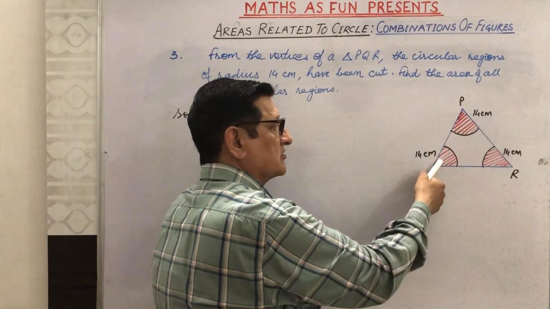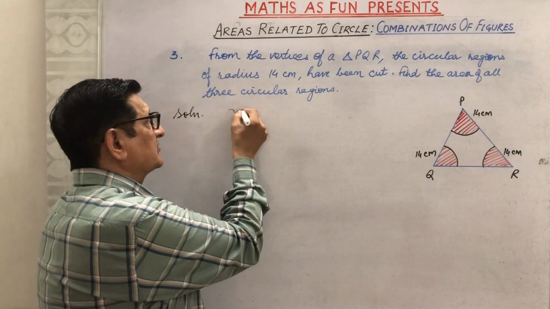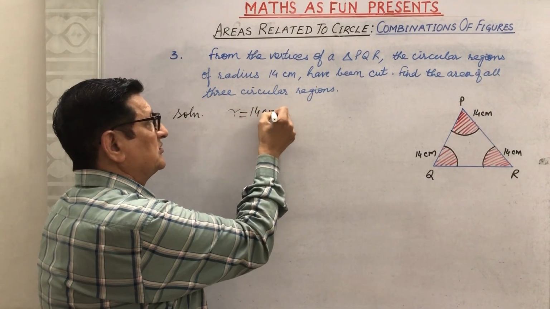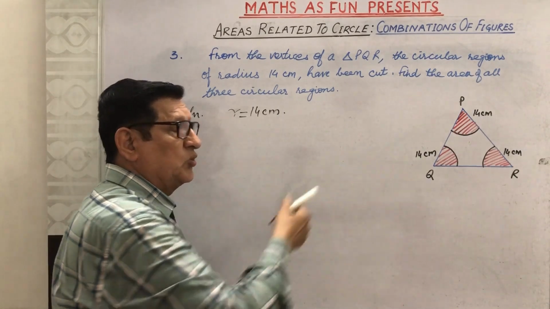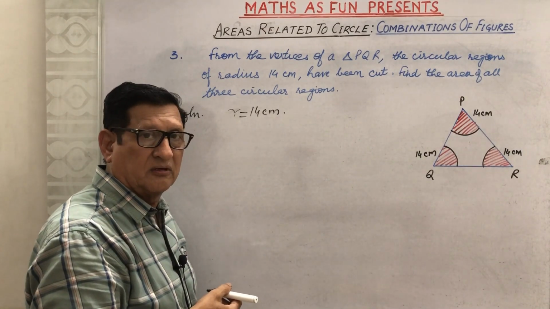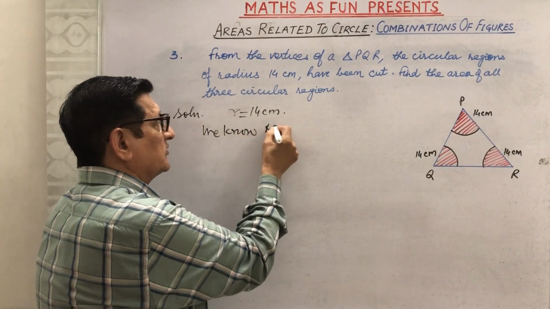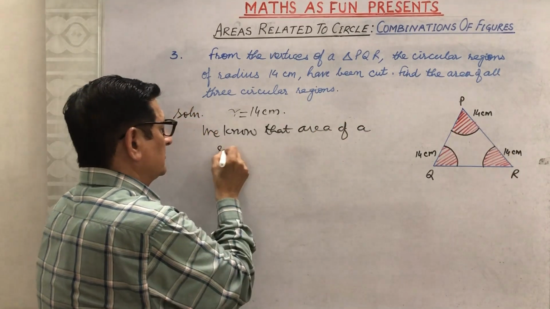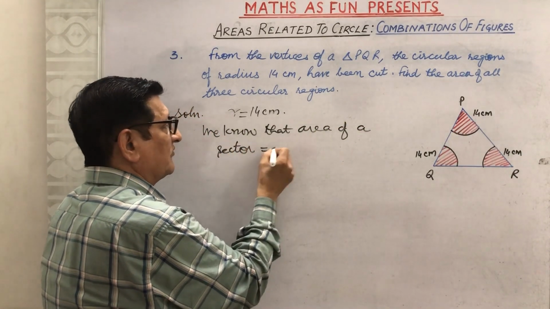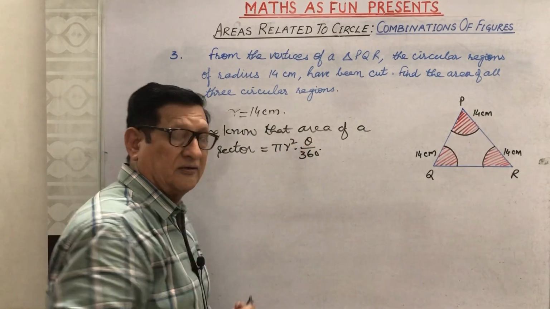This is P, this is Q and this is R. So here the radius r has been given as 14 centimeters for each. The angles of the sectors are P, Q and R. And we know that the area of a sector is given by pi r square into theta upon 360 degrees.